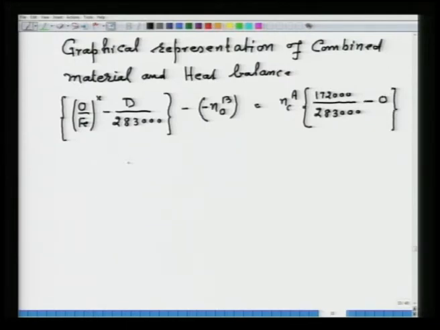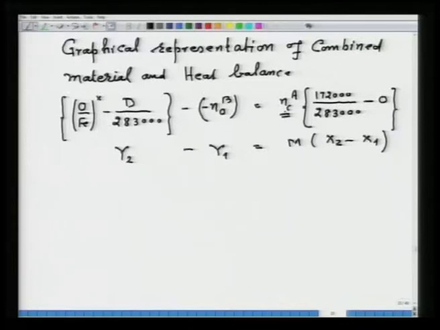So, this equation is the same as y2 minus y1 is equal to m times x2 minus x1. That means, if I plot y2 minus y1 against x2 minus x1, the slope of the line will give me the value of NCA.